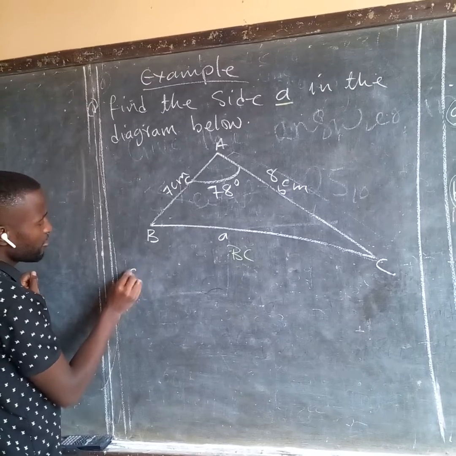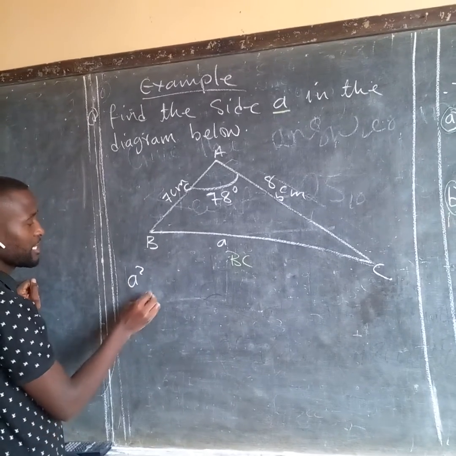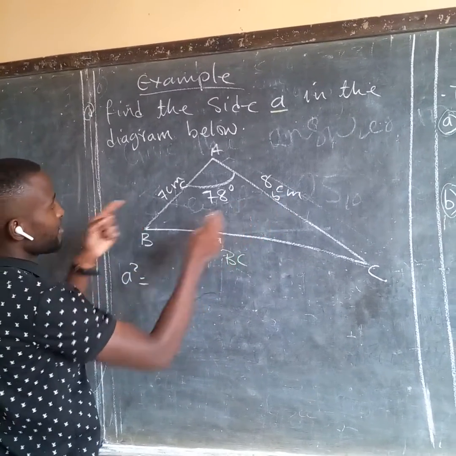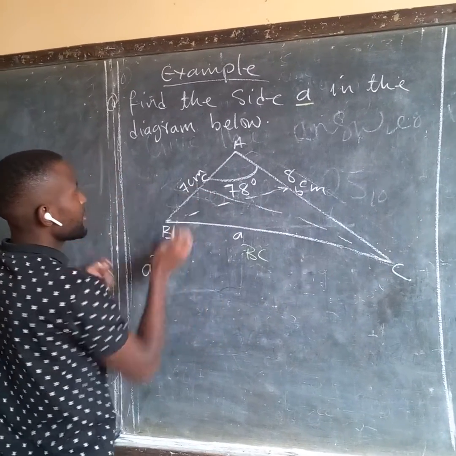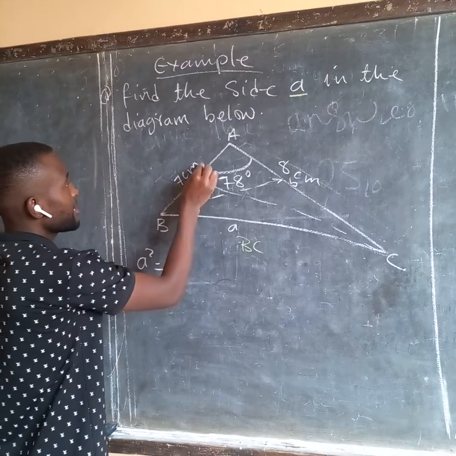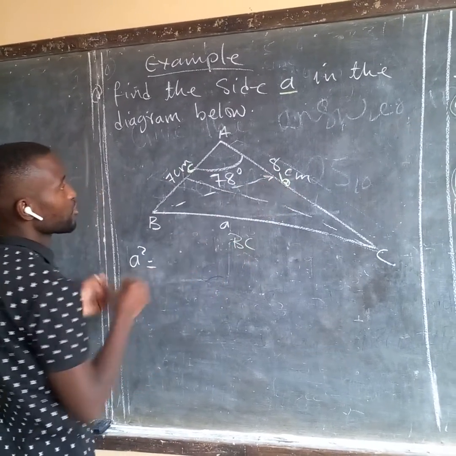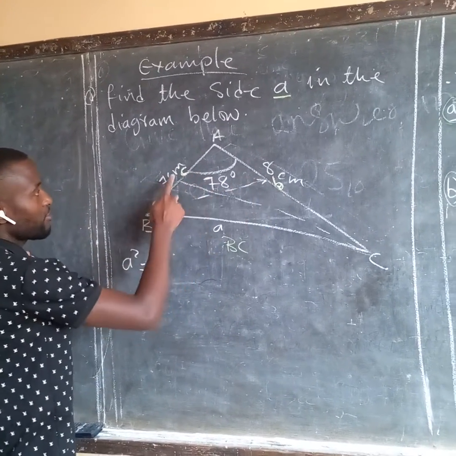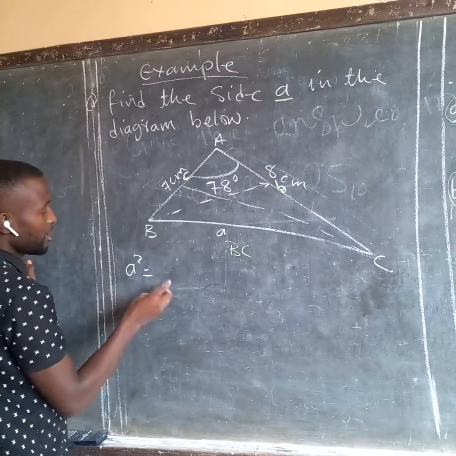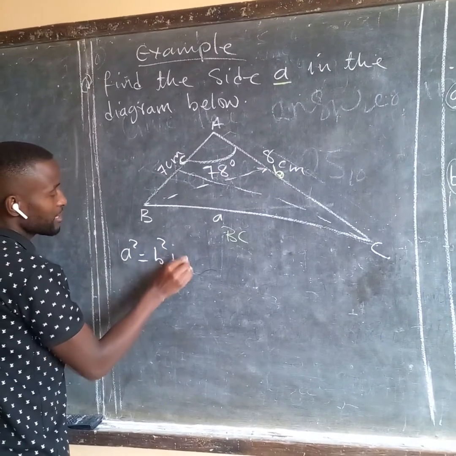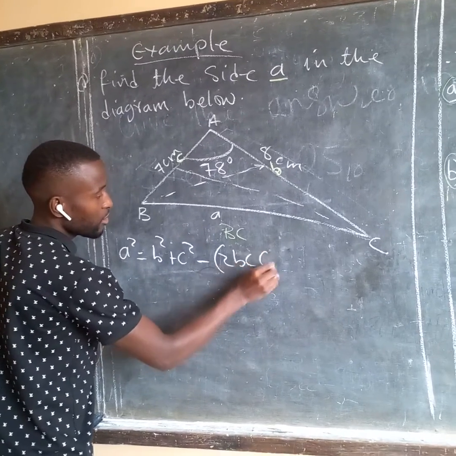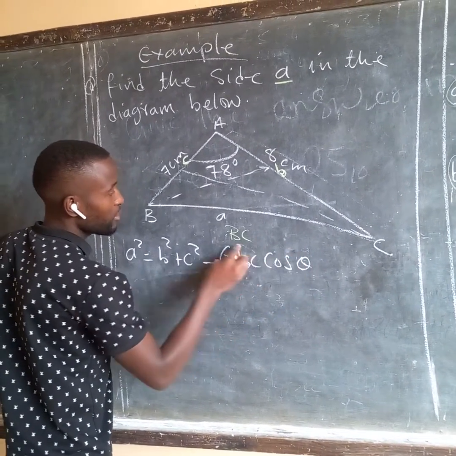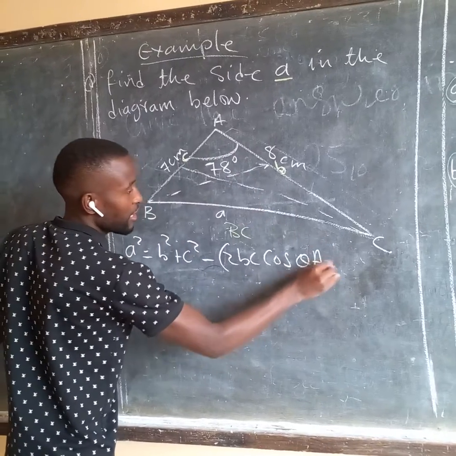I'm just going to write the formula which has a squared at the beginning, and two sides have been given. This side here is b and this side here is c. So I need a formula where there is b and c: b squared plus c squared minus, open brackets, 2bc cos theta, or in this case you can say cos A.